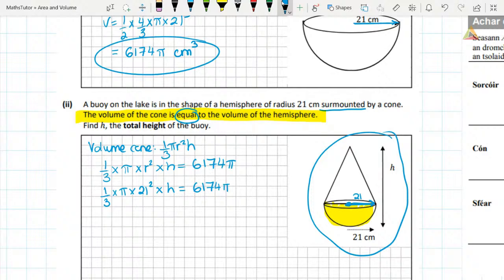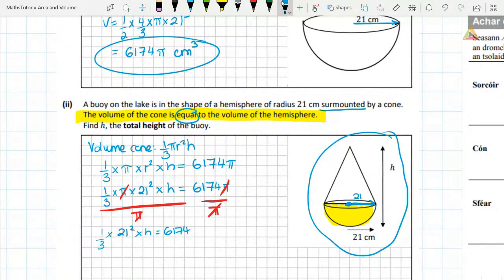6,174 pi. I'm going to divide both sides by pi. So we have pi on both sides. So I'm going to divide both sides of this formula by pi, which means that I can cross out those pi's. So I can always do the same thing to both sides of an equals. And that leaves me with 21 squared by 1/3 by h is equal to 6,174.